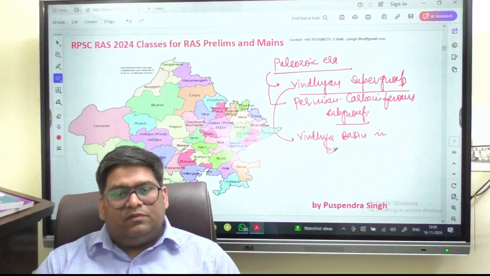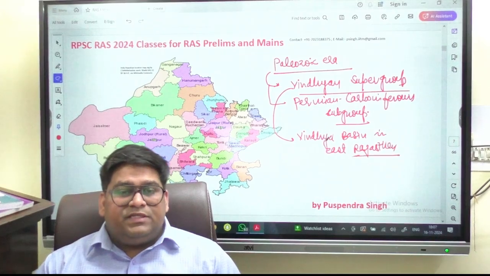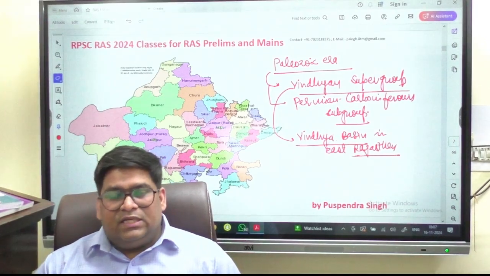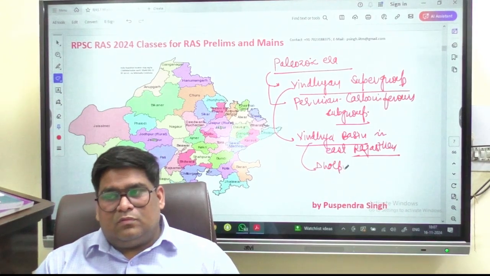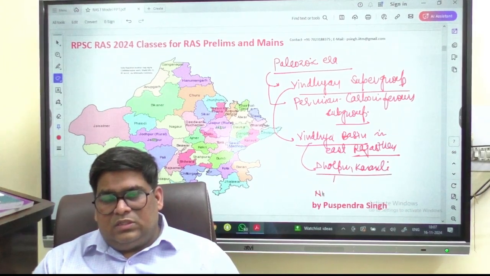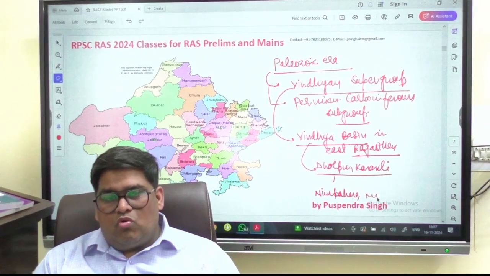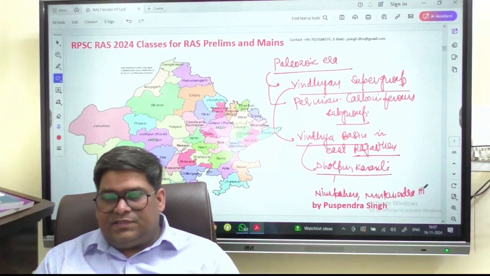When we say Vindhyan basin, this basin extends from Dholpur, Karoli, to Nimbarheda, Mukundra hills.